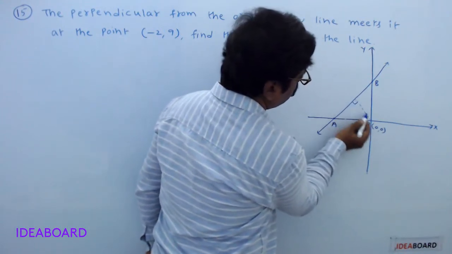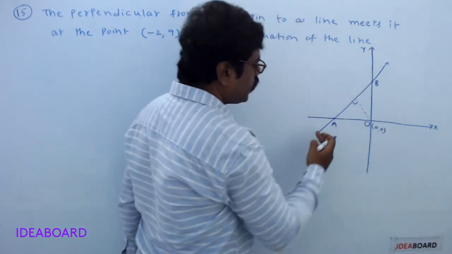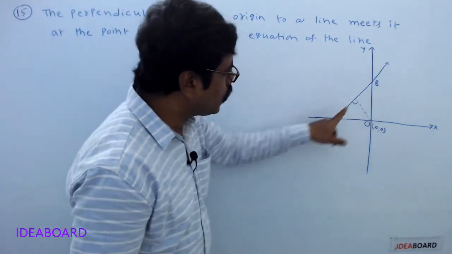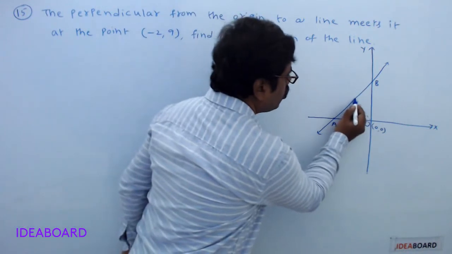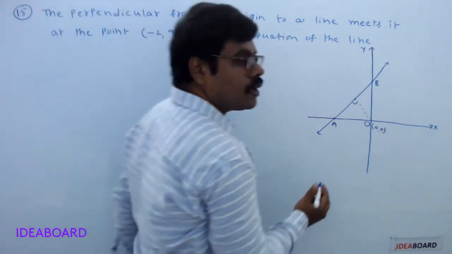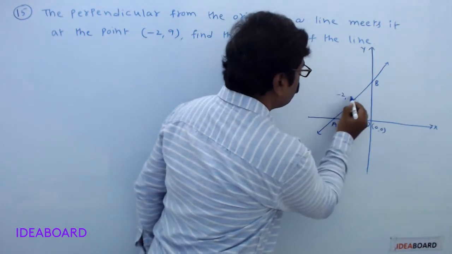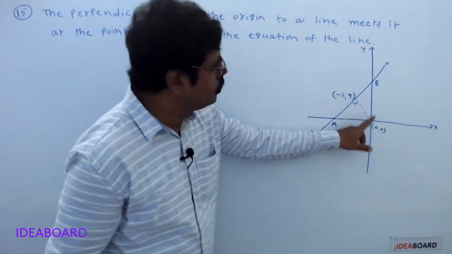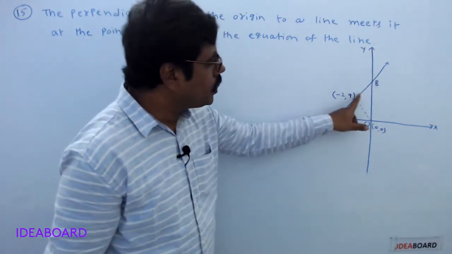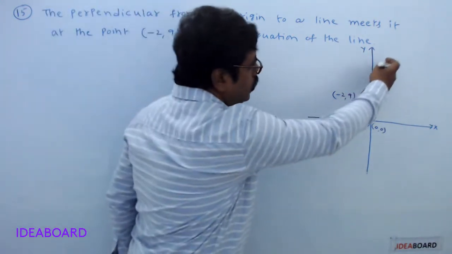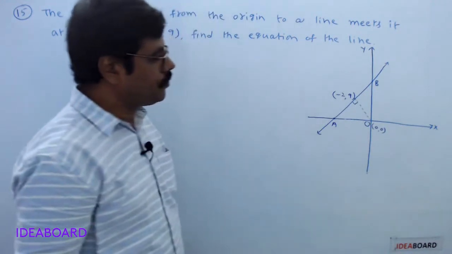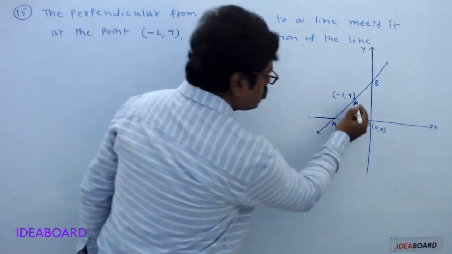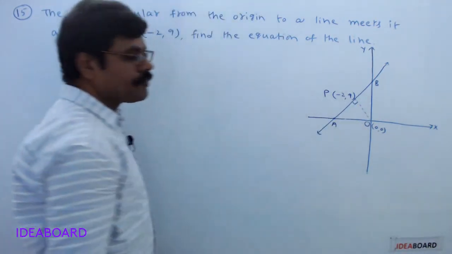According to the data, the perpendicular from the origin meets the line AB at the point minus 2, 9. Now we need the equation of the line AB. How do we find it? Denote this point with P.